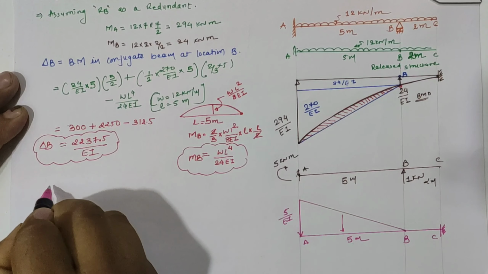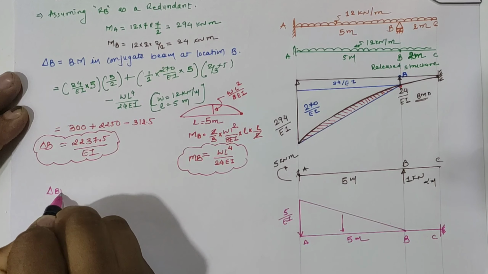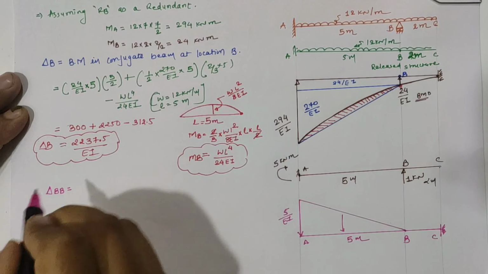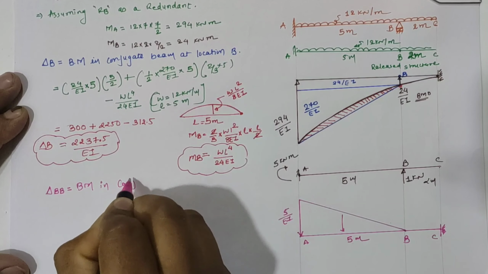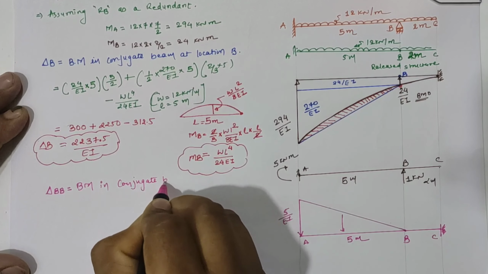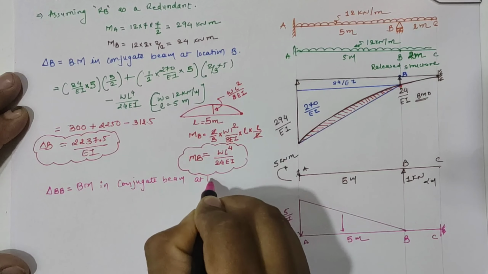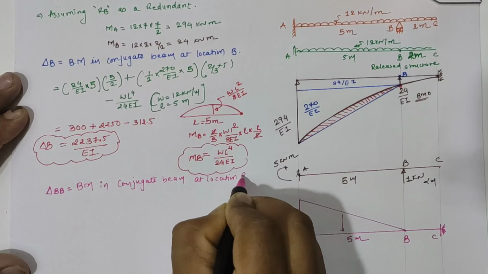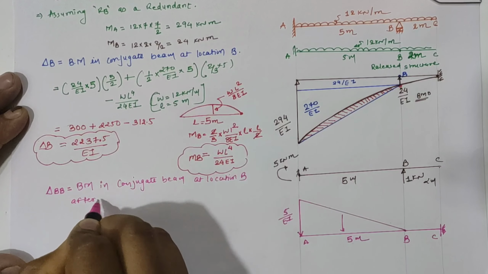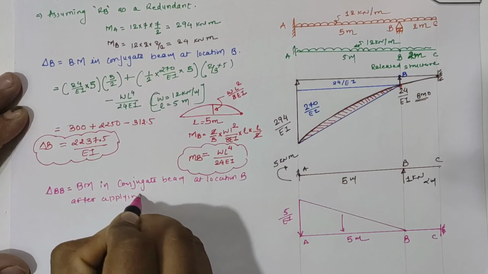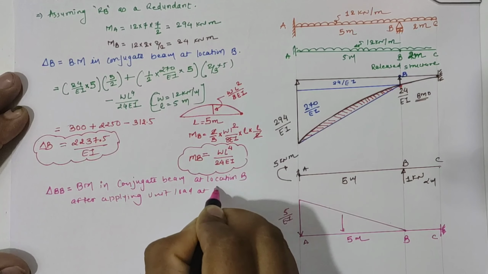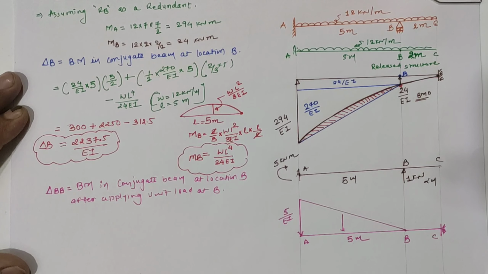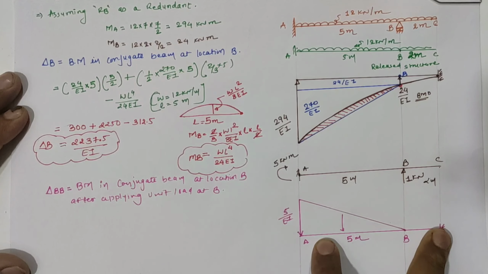Now we have to calculate the delta BB value, which can be given by the bending moment in the conjugate beam at location B after applying the unit load at B. So we have to calculate the moment at location B in this conjugate beam.